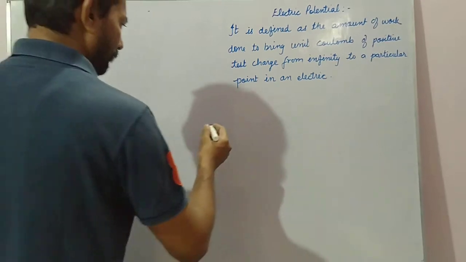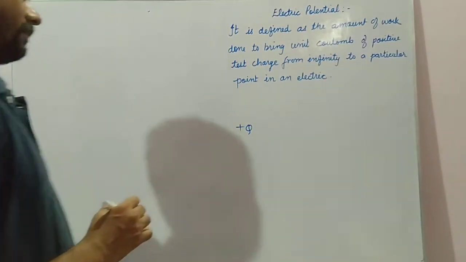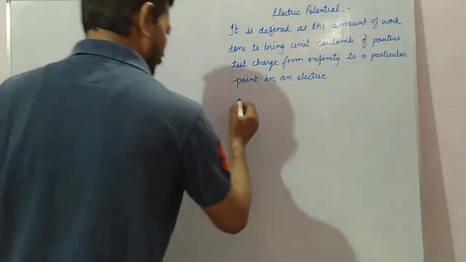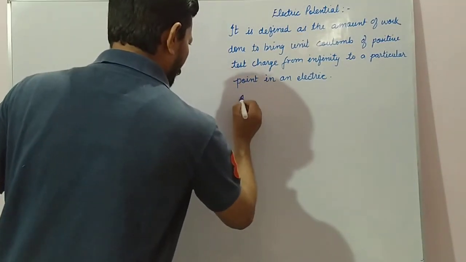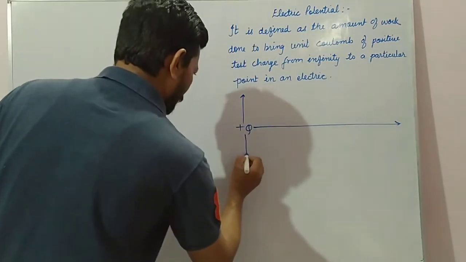Now see here, this is a plus Q charge. As such, the electric field lines will move in all possible directions.